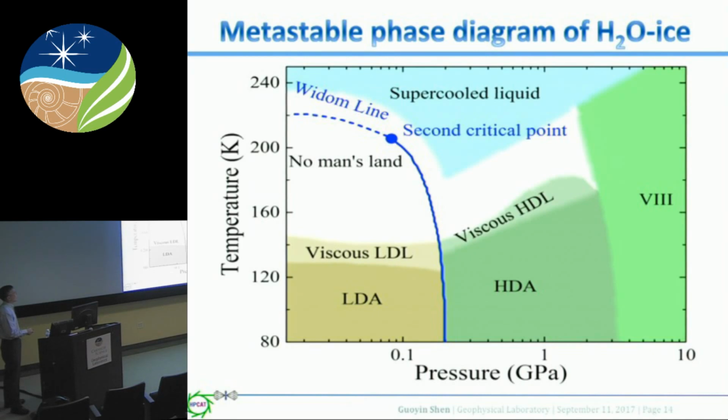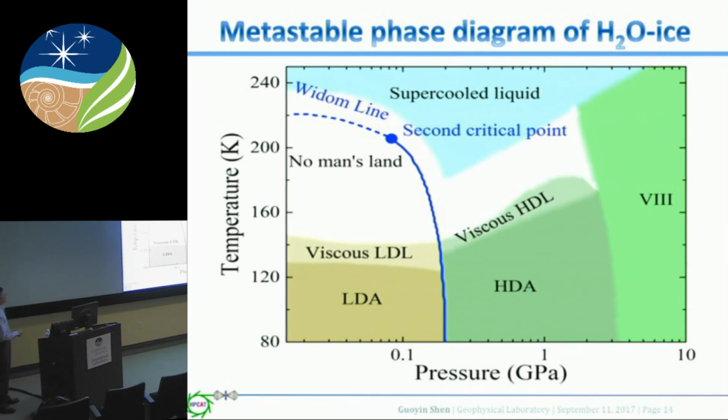Low-density liquid this side, high-density liquid this side, and then there's a second critical point between these two liquids, and then above that is basically a fluctuation between low-density liquid and high-density liquid, the Widom line. The extension of this point is somewhere close to the singularity point that I just mentioned, close to like 220 to 230 Kelvin range.